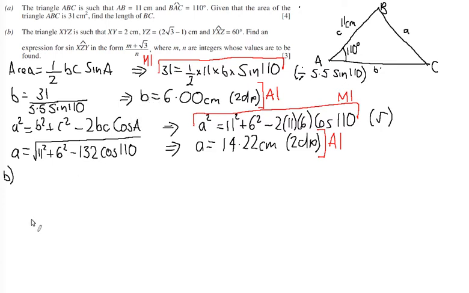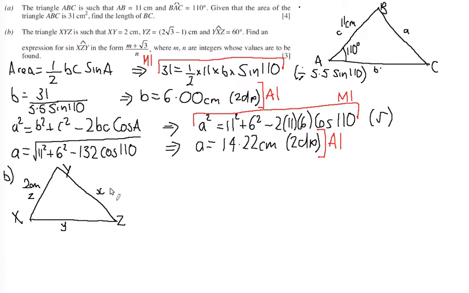Okay, again, let's draw a triangle for this example. So X, Y, and Z. I'll just put in a little x, a little y, and a little z. Okay, so we know that XY is 2 centimeters, so actually I can put this as 2 centimeters.